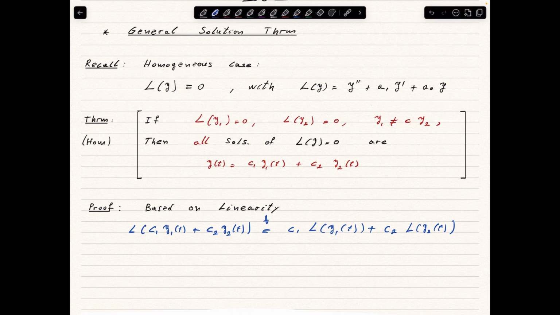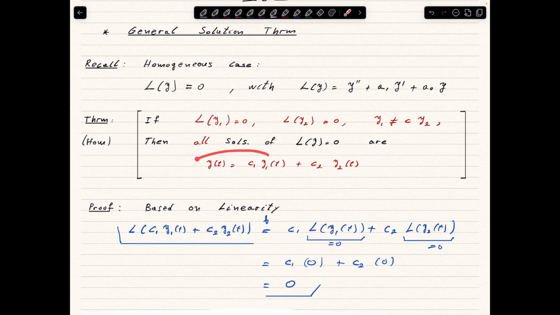But now we use the equations. On y1 we know that this is 0 and this is 0. Therefore this is C1 times 0 plus C2 times 0. So it doesn't matter what C1 and C2 are, we get 0. So it's very easy to show, based on linearity, that these linear combinations are solutions of the equation.